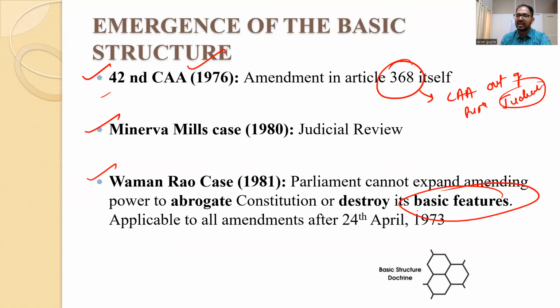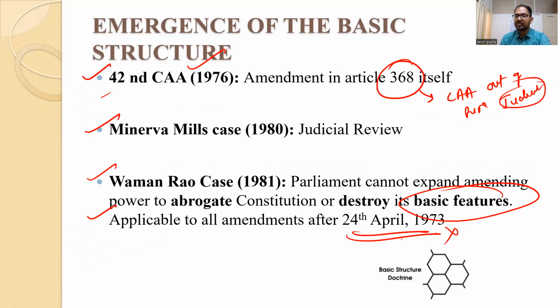So the basic structure doctrine has been reiterated by courts in multiple cases, and we will be talking about the court cases in a separate video, and also the amendments in a separate video. In this video, we have discussed only those amendments and court cases which are relevant to the basic structure feature. And this feature, that is the basic structure doctrine, will be applicable to all amendments that are done after 24th April of 1973.